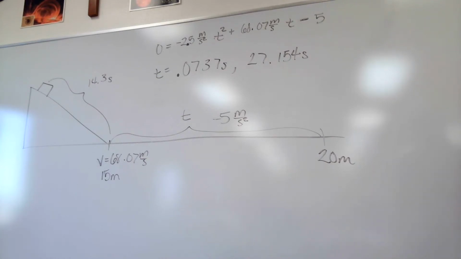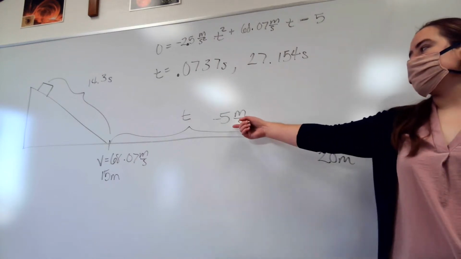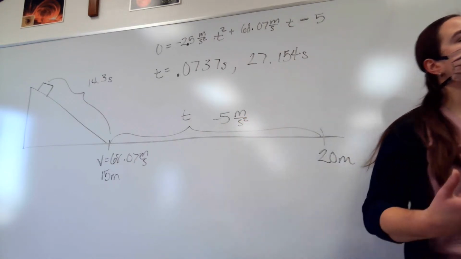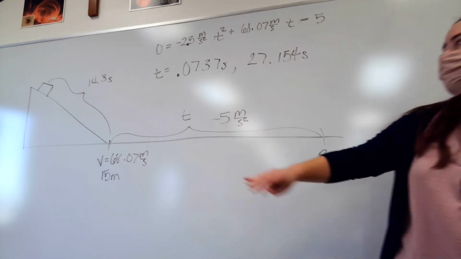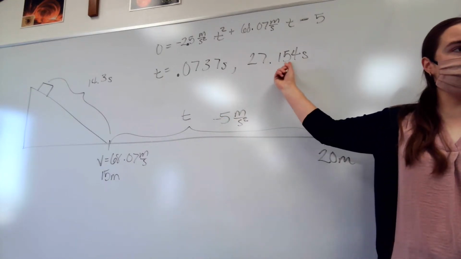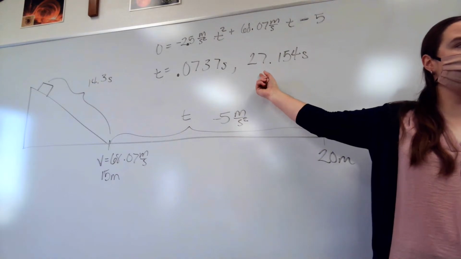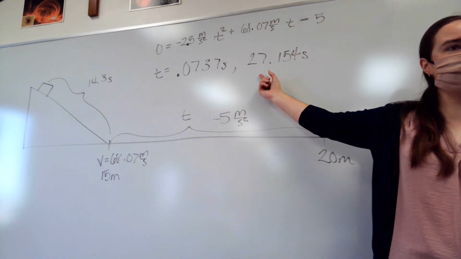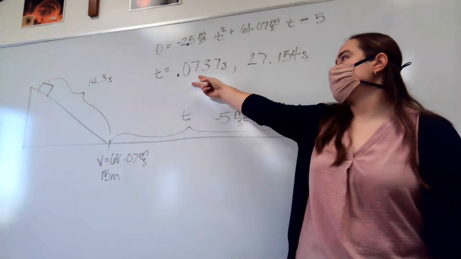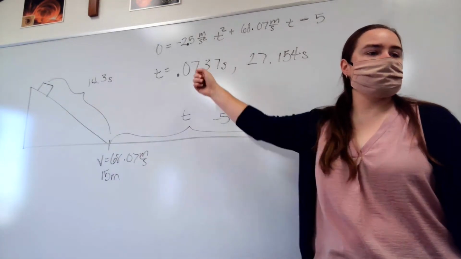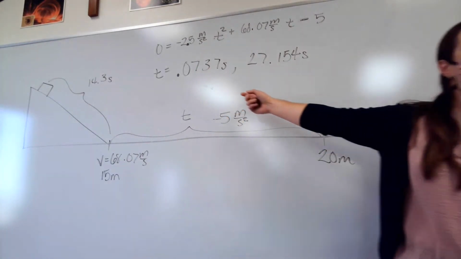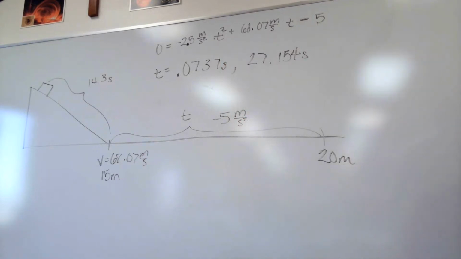And static friction is going to be exactly as big as it needs to be to keep you standing still. So if this acceleration here were from friction, we could safely say it's never going to turn around because of the way friction works, right? So we would know that the first time and only time it passes this point right here is at 0.0737 seconds. Good?